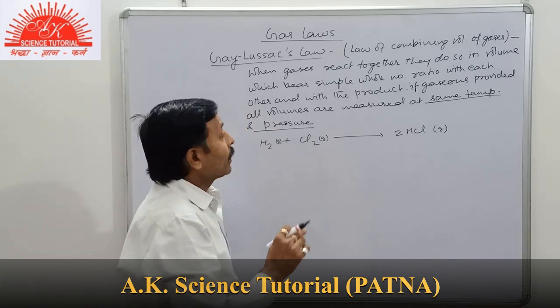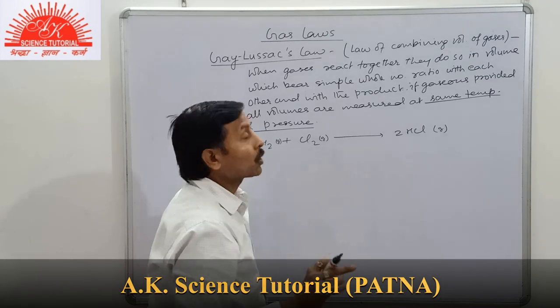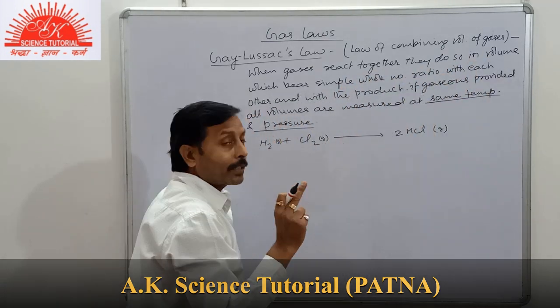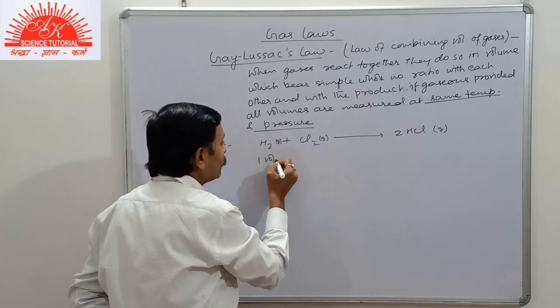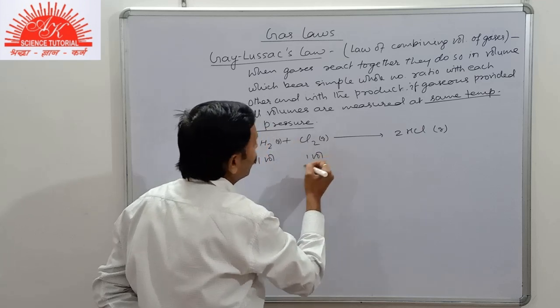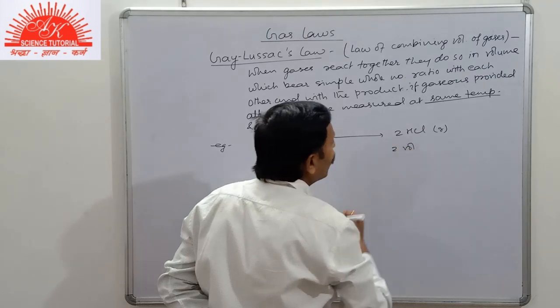Since we are taking gases and there is a reaction between gases, it will be taken in volume. That is, they react in volume. So how is it written? One volume of hydrogen reacts with one volume of chlorine and it gives two volumes of product.